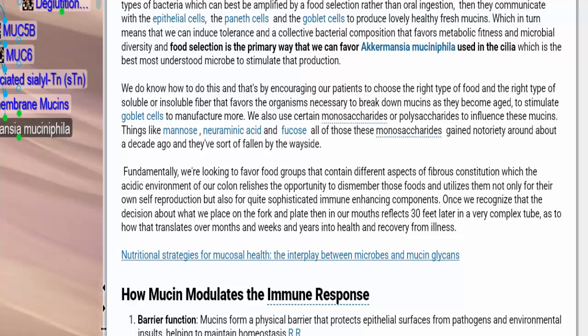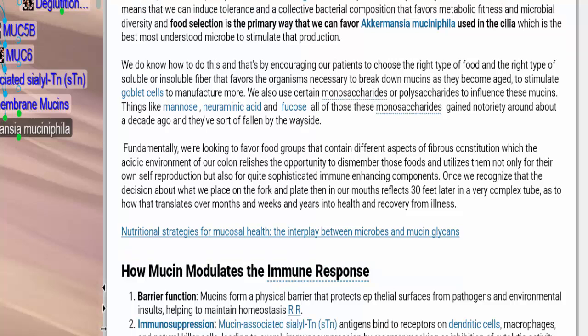Once we recognize that the decision about what we place on the fork and plate, then in our mouths, reflects 30 feet later in a very complex tube, as to how that translates over months and weeks and years into health and recovery from illness.